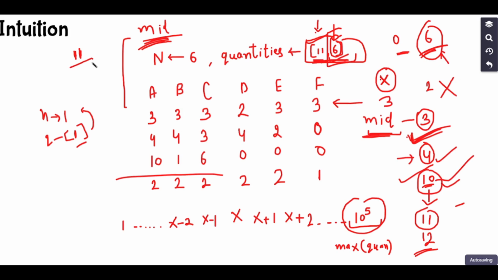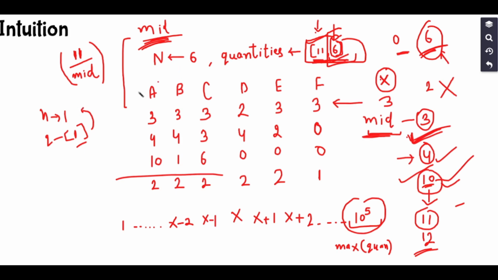It would be 11 divided by mid, obviously, because let's say I just want to deliver mid units to each shop, and I can deliver these units to 11 divided by mid stores.